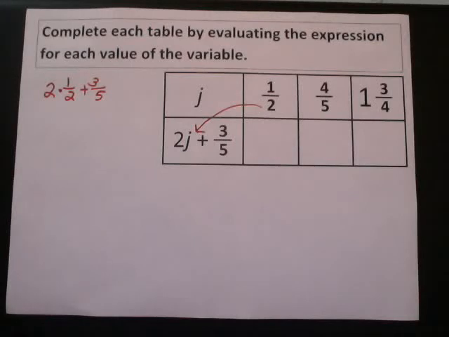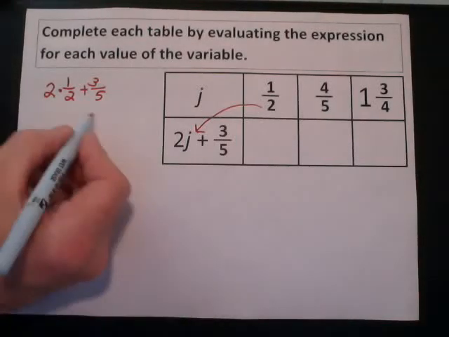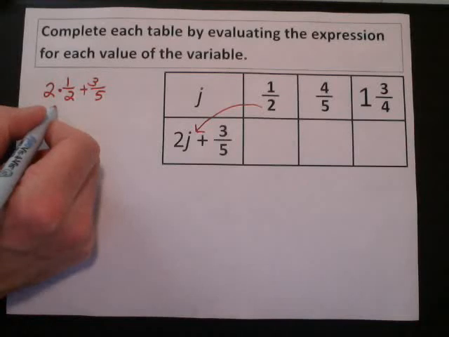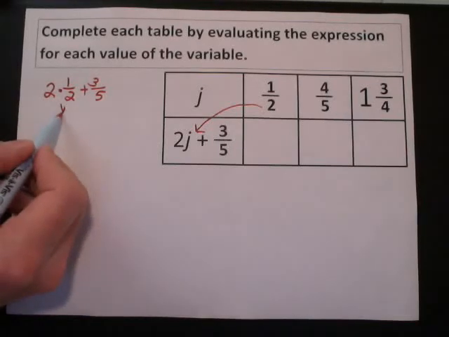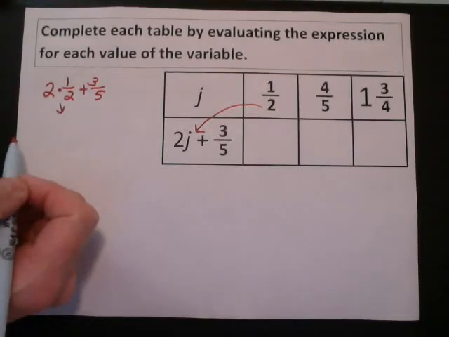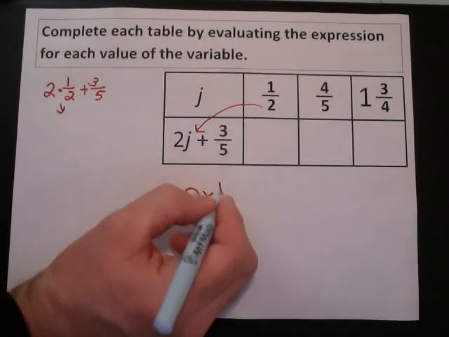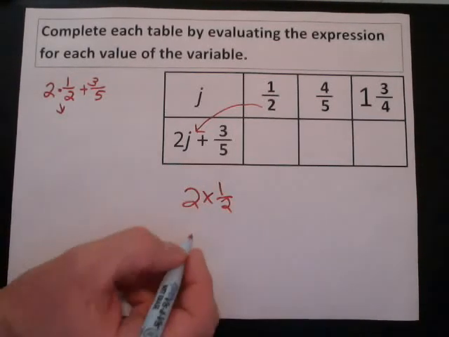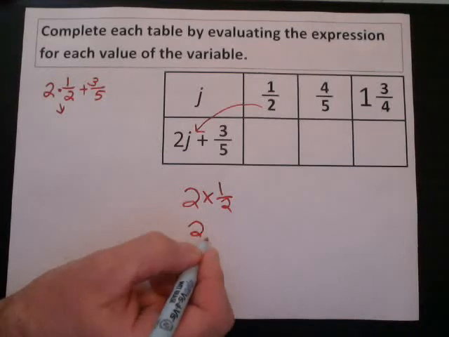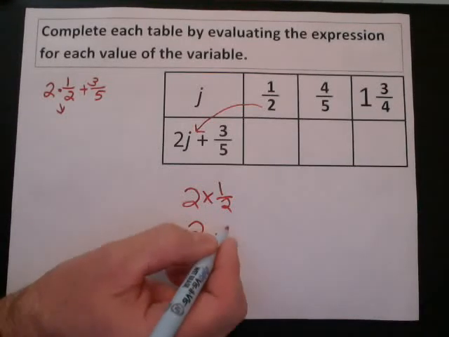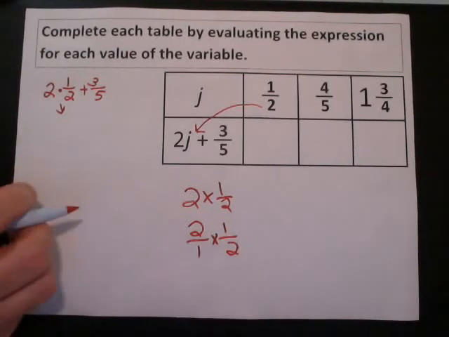Okay, here we go. Hopefully you got it right. Remember, order of operations, we're going to do the 2 times 1/2 first. When you multiply 2 times 1/2, you simply turn 2 into an improper fraction and then multiply by 1/2.